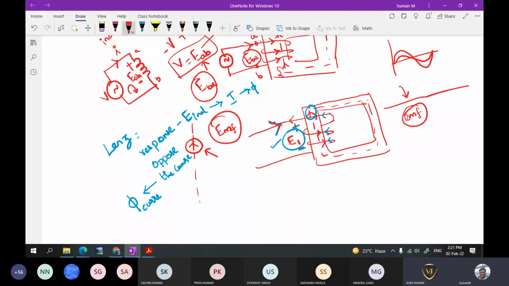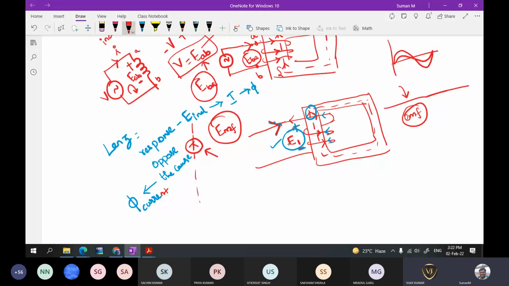Because of that current, there was some flux induced. That flux developed this induced EMF. If that developed EMF is capable of supplying some current, that current will be in such a way that it will oppose the cause. So the current supplied by this induced EMF will be opposite in nature to the actual current. Then only it will be opposing the cause.